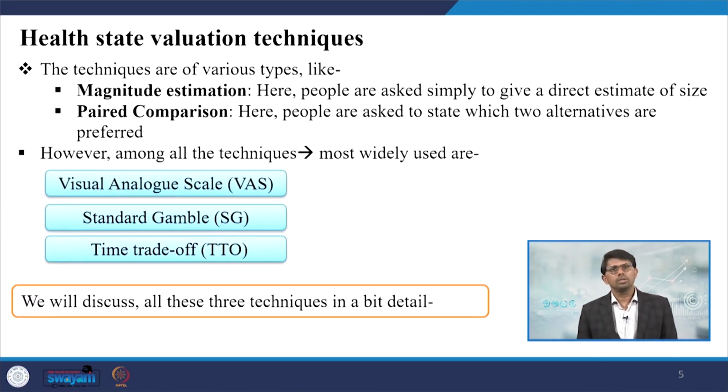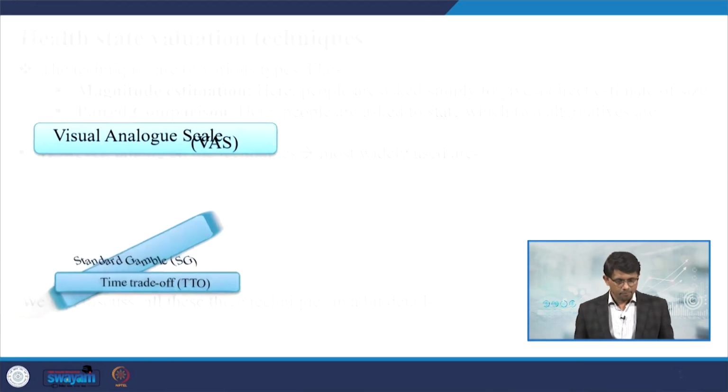However, among all the techniques, the most widely applied are the visual analog scale, standard gamble, and time trade-off techniques. So, these three will be discussed in detail.